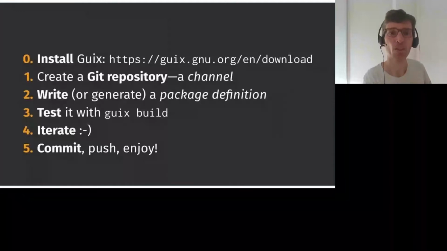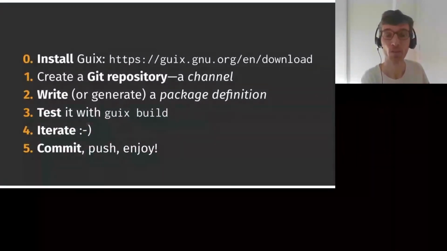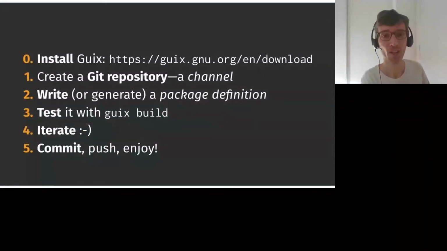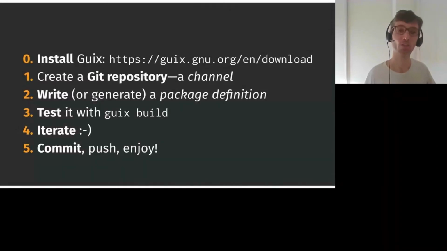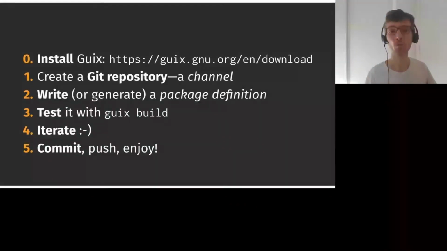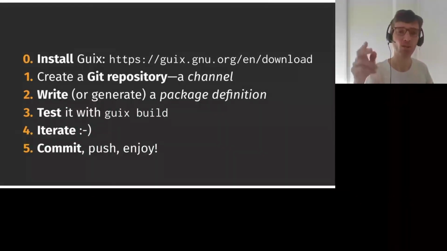So for Guix, the first step is obviously to install Guix. You can install Guix on top of your GNU/Linux distribution. So if you have a Linux machine, a laptop, anything, you can download it from the web page above here, and you can install it on top of your distribution. It's not going to break anything, it's just an additional way to install packages, and it's not going to overwrite, for example, what's already available in /usr.